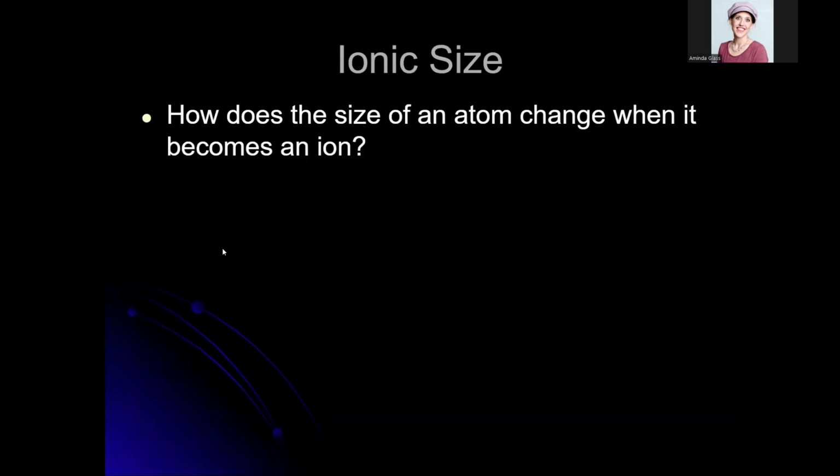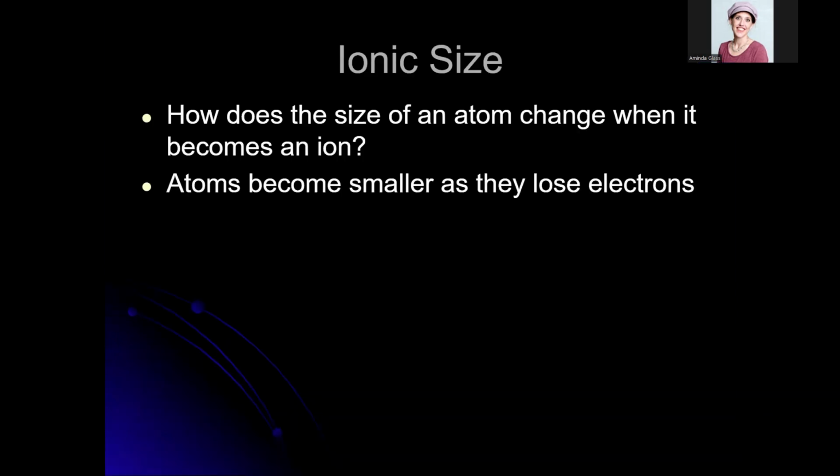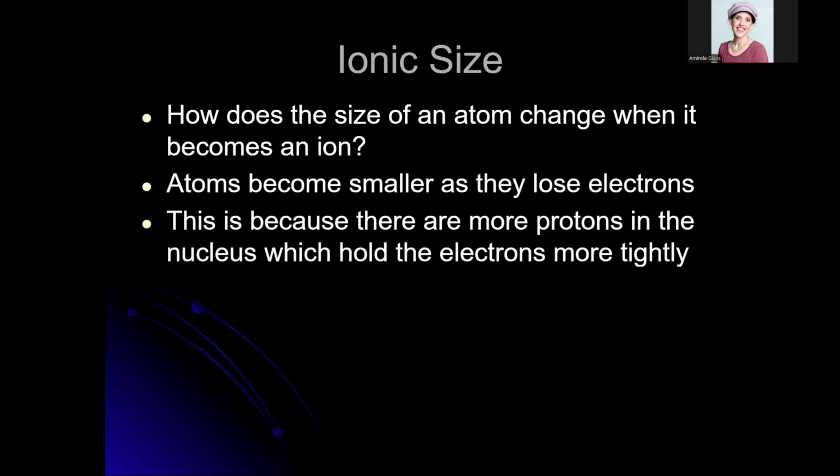Now, how does the size of an atom change when it becomes an ion? This is just a recap. The atom, of course, we know can either get smaller if it loses an electron, or it can get bigger if it gains.